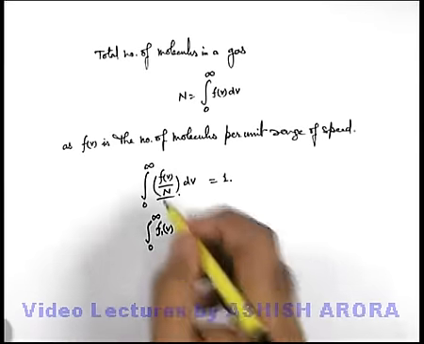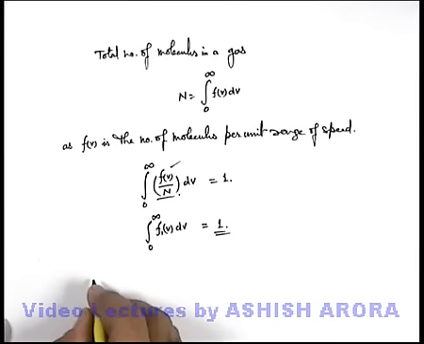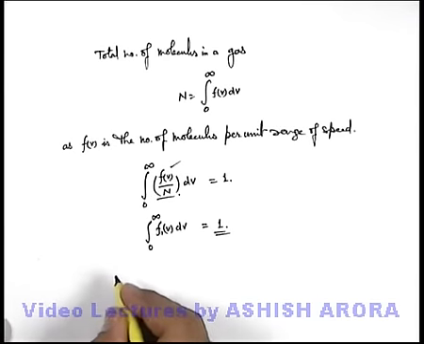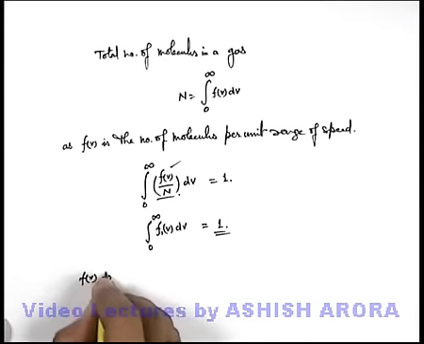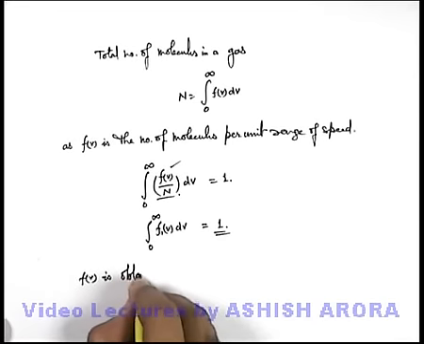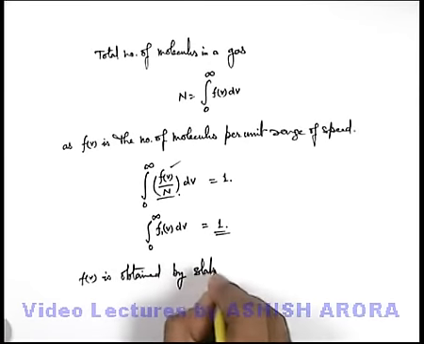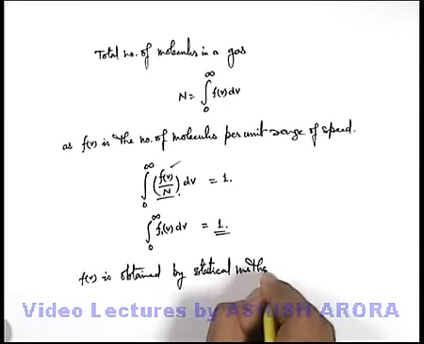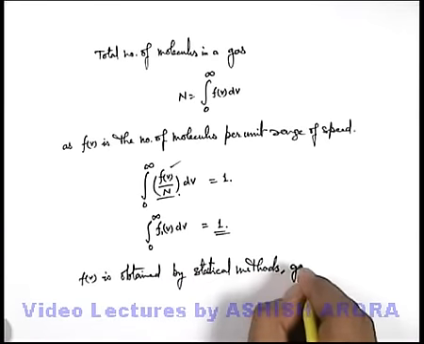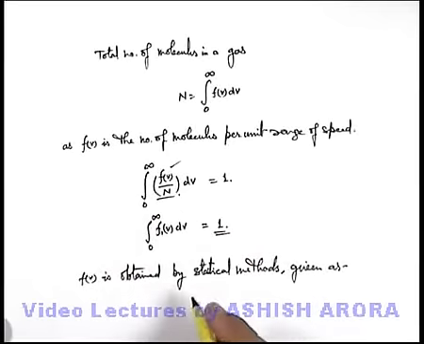And this function, the Maxwell velocity distribution function, can be calculated by using statistical methods. We can write that f(v) is obtained by statistical methods, and it is given as follows. Right now I'm not going into the derivation of the function.